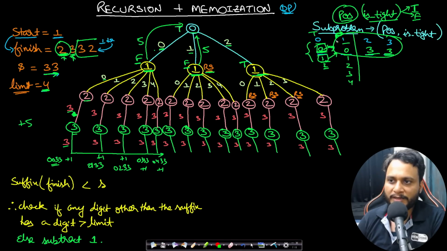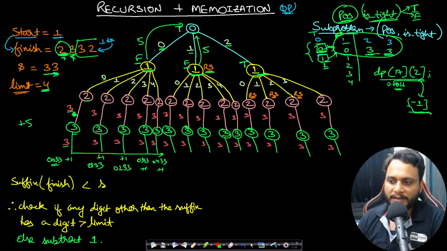So I can simply make a table, a DP table of size position, and you know that this is a 16 digit number, so I can simply take 17 size, which is from 0 to 16, and the tightness value can be only true and false, so I will be taking DP of 17 by 2 and pre-assign it with all the -1 values, because I know that all the numbers are positive here and the counting can never be negative.